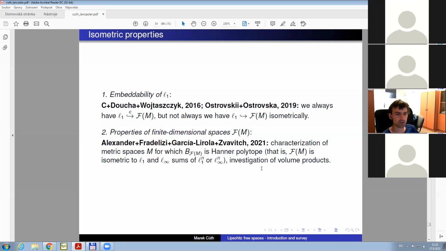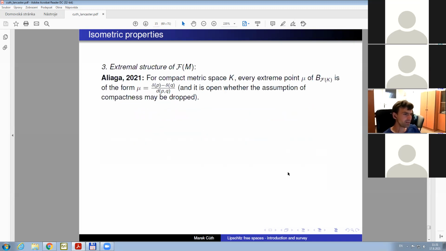So they considered questions attractive in the field of convex geometry. Another is to investigate the extremal structure of F(M). For compact metric spaces K, Aliaga proved that any extreme point is a molecule, so it is of this form. And this is quite a famous open problem nowadays, whether the compactness may be dropped.